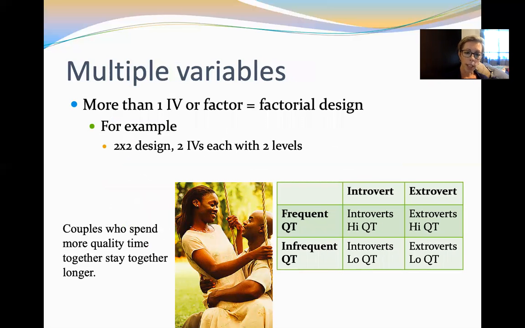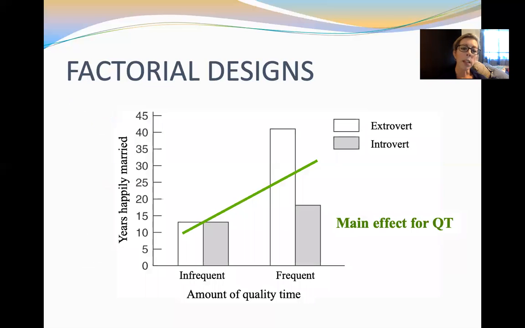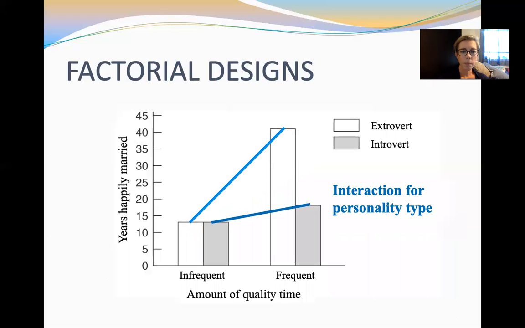So again, looking at that 2x2 design, a main effect would be that with frequent interactions, folks tend to stay together longer. So years happily married increases if you are spending more frequent quality time. On the other hand, an interaction would be seen here.